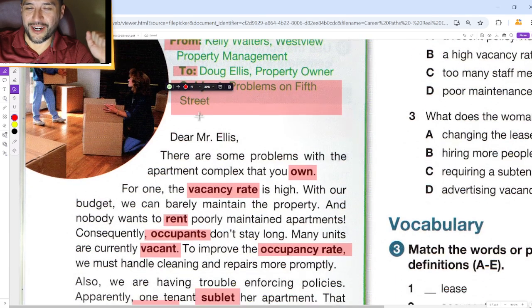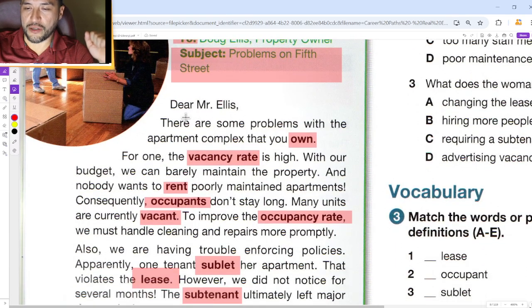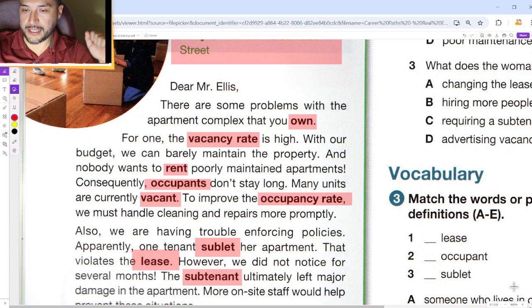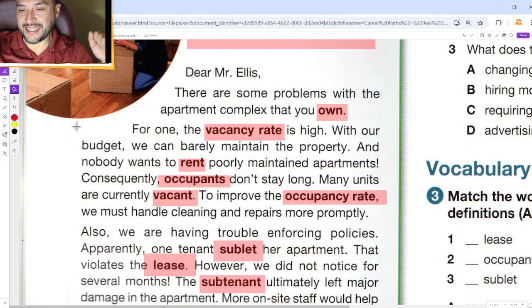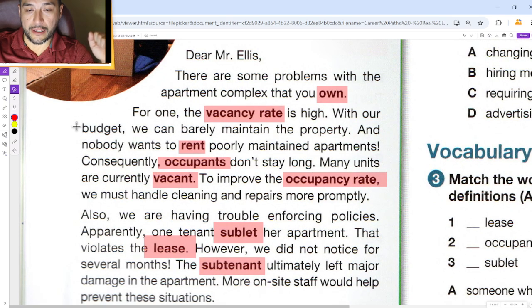Dear Mr. Ellis, there are some problems with the apartment complex that you own. For one, the vacancy rate is high. With our budget, we can barely maintain the property, and nobody wants to rent poorly maintained apartments.